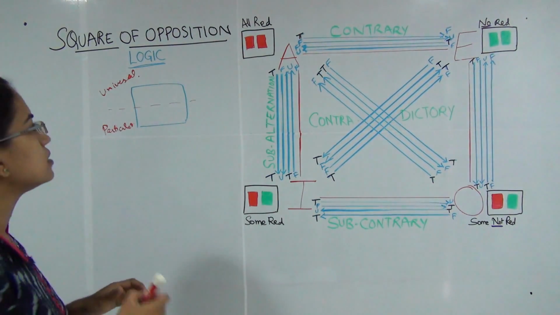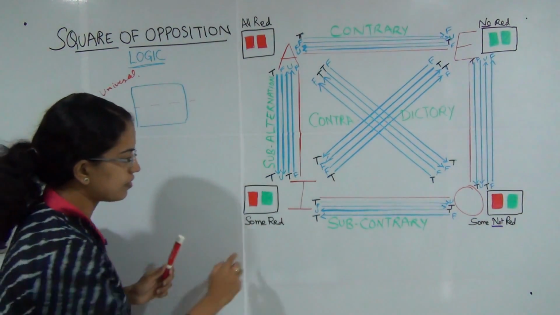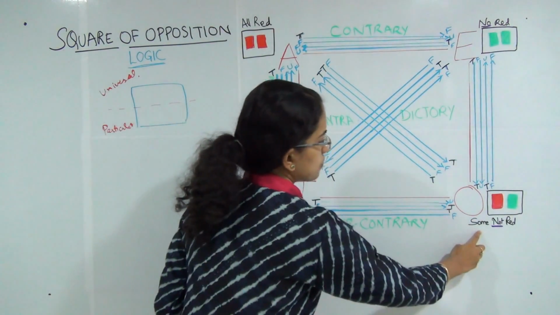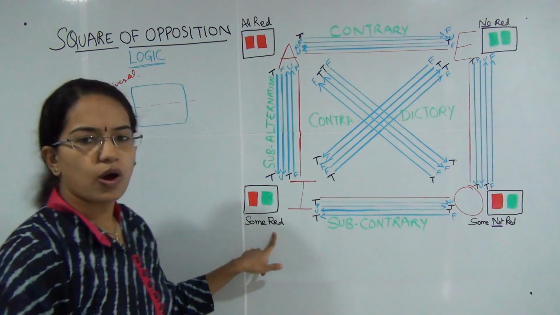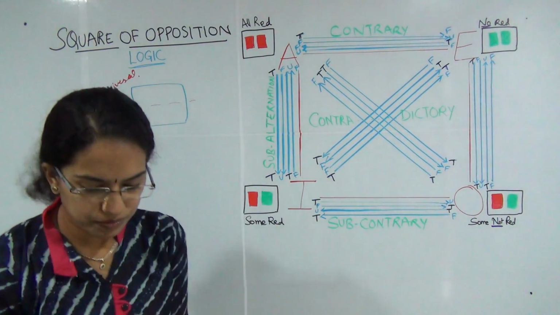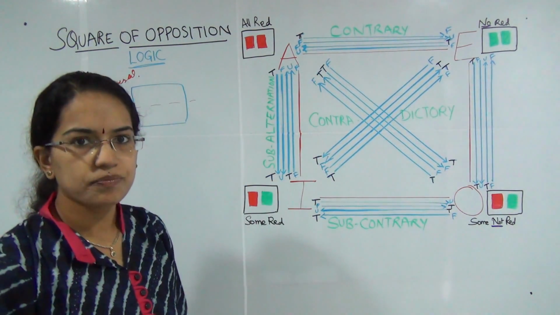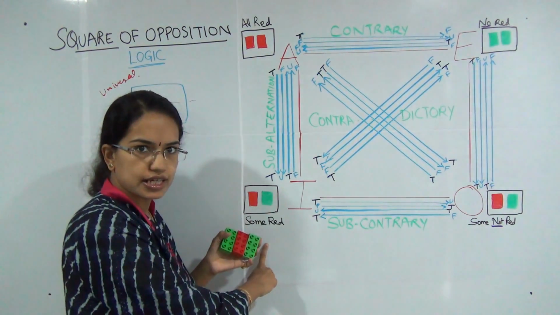Now move on to the bottom two. They are particular in nature, as I have mentioned the word some in both of these. So the first says, some blocks are red. That means, if I have two or three blocks, at least one block should be red in color.